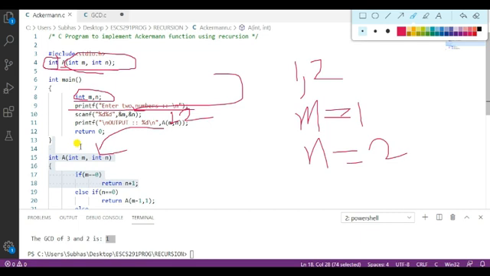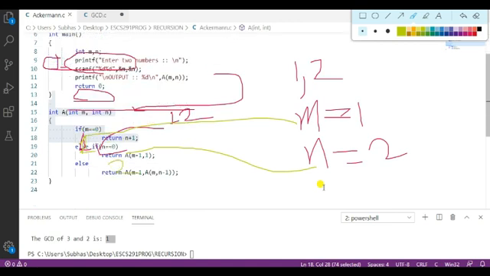So let me take another color. So this is my 1 and n equal to 2. This value will be passed here and this value will be passed here. Then it will compute according to our discussion. I have just discussed and formulated the manual result. So now you can take any input number.